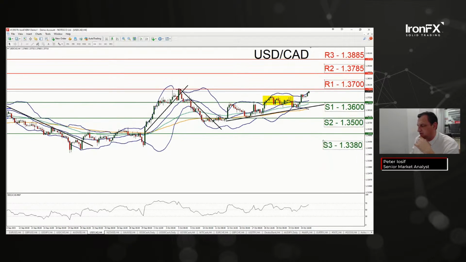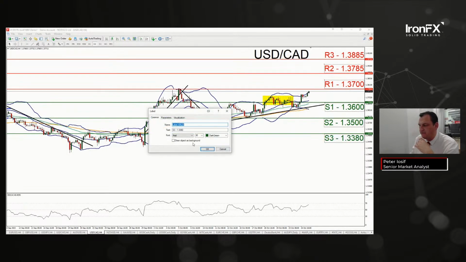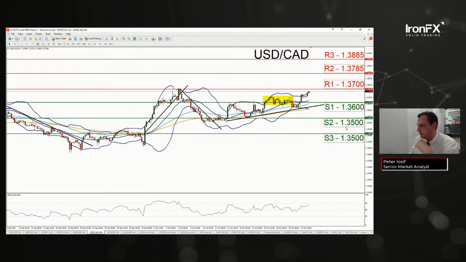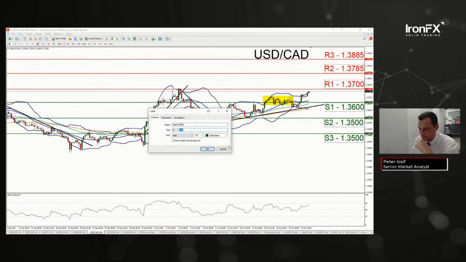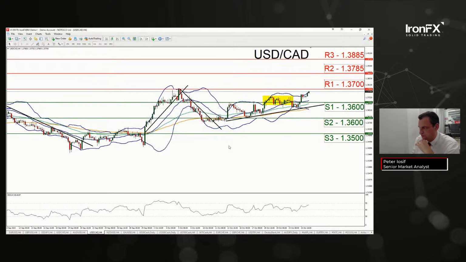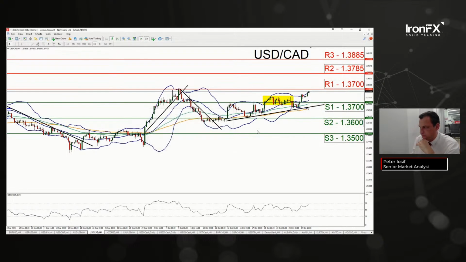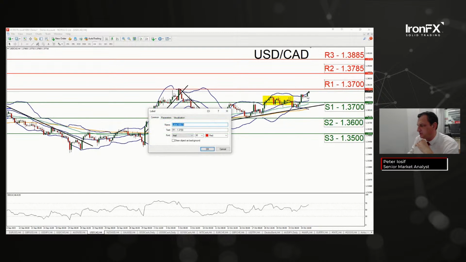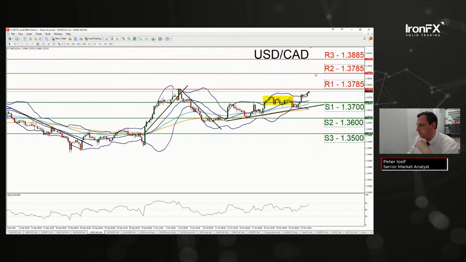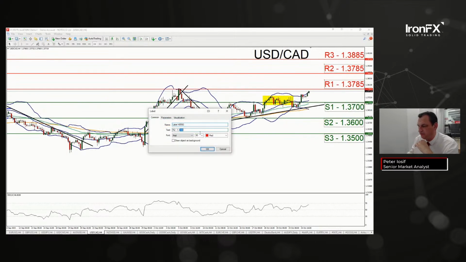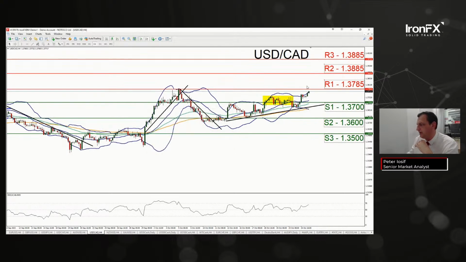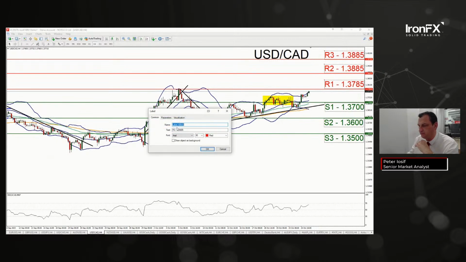Starting with the S3, which is now being placed at 1.35. The S2 at 1.36. The S1 at 1.37. The R1 at 1.3785. The R2 at 1.3885. And the R3 at 1.3975.